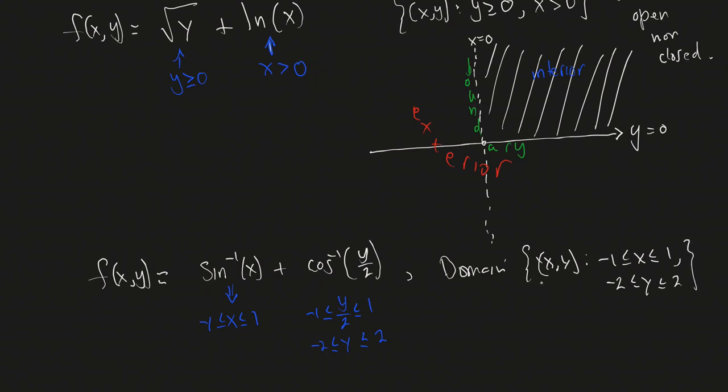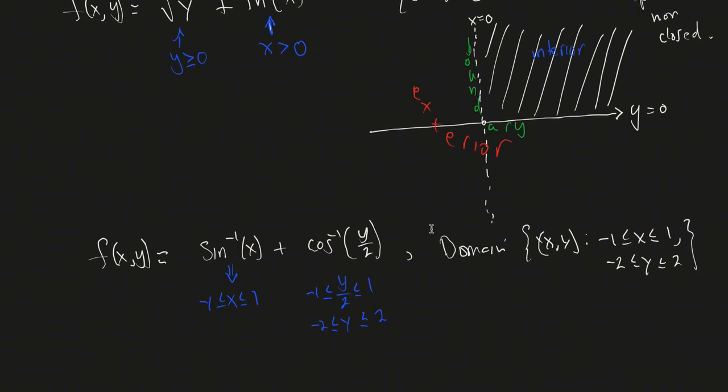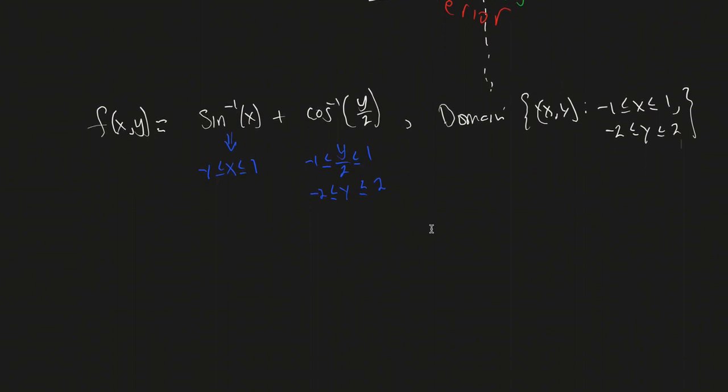And let's see if we can sketch this. If we think about how many boundaries there are, technically there are 4 boundaries, right? Because there are 2 bounds on the x and then 2 bounds on the y. So let's sketch them.